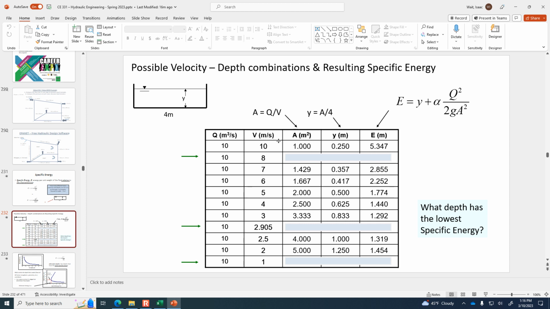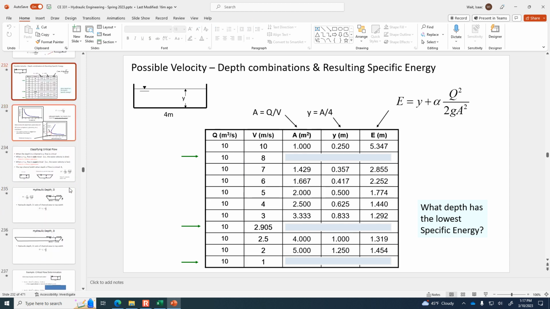And what I told you was that for you to have a flow rate of 10 cubic meters per second, some of them with the fast velocity, some with the slow velocity, then what you would be varying to make that happen would be the slope itself. But there's some slope that would cause the critical depth, which is associated with the minimum specific energy.